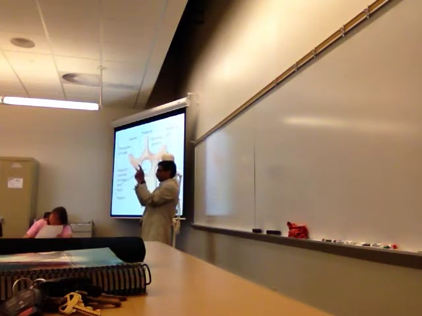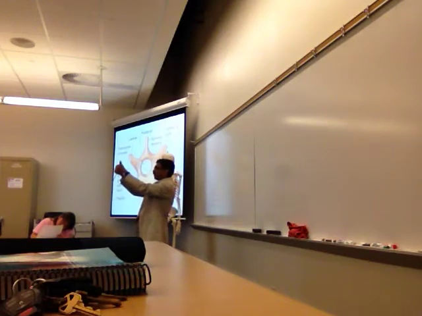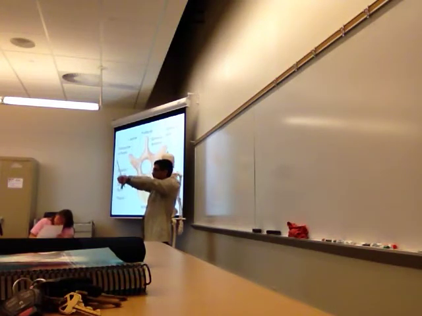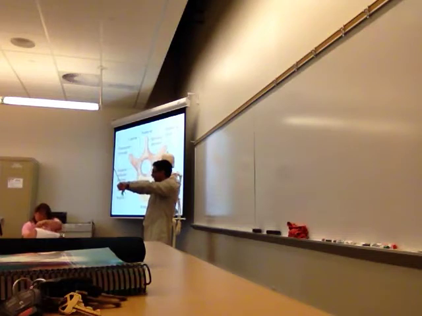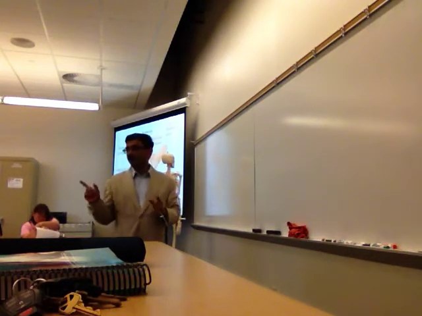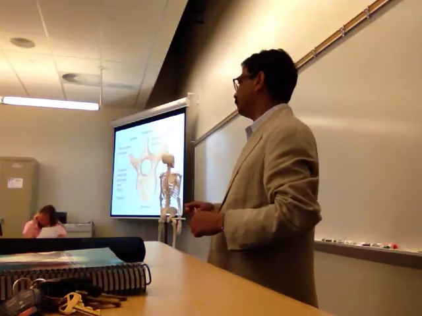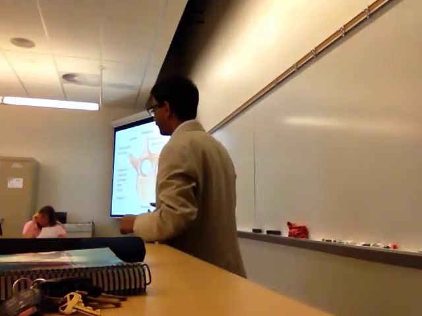So one spinous process going backward, two transverse processes, and then two superior articular processes going upwards, and two inferior articular processes going downwards. Okay? So those are the processes.